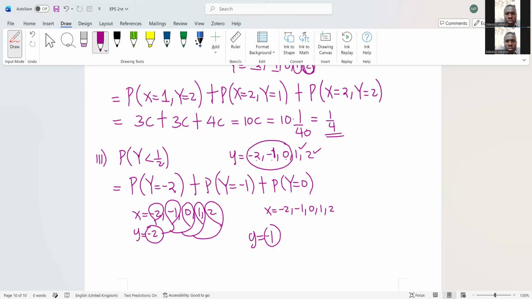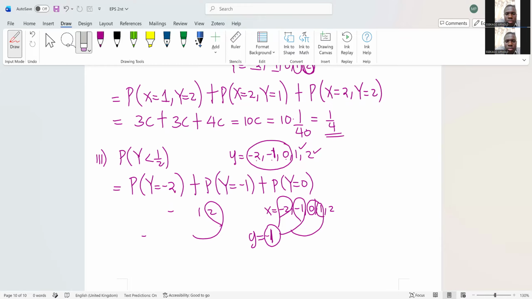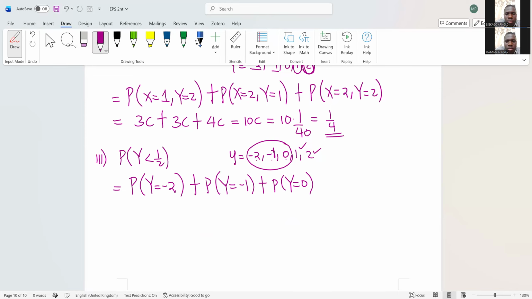So you look at Y -1, X is -2; Y -1, X -1; Y -1, X is 0; Y -1, X is 1; Y -1, X is 2, like that. Now that this is very obvious and I have my table up, allow me to apply my table. So Y -2.